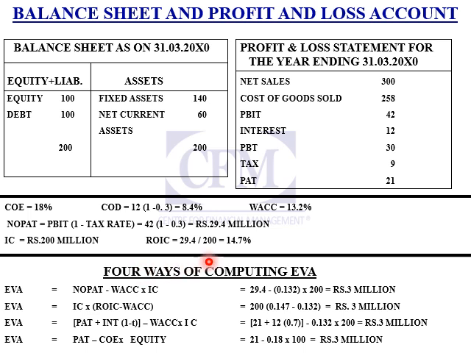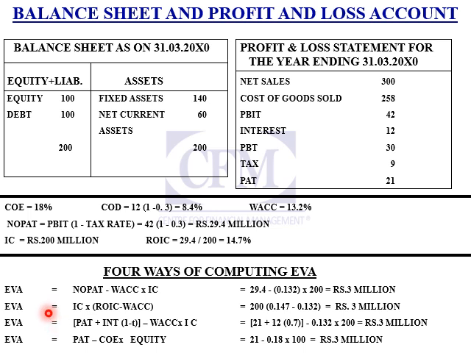The 4 ways of computing EVA are shown here. EVA is equal to NOPAT minus weighted average cost of capital times invested capital, which is 29.4 minus 0.1320 times 200. EVA is 3 million.